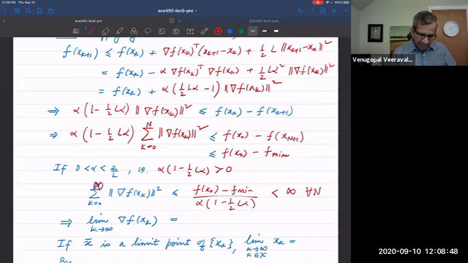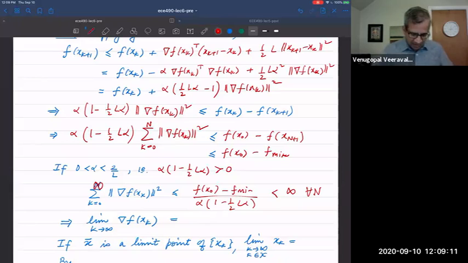So now I have a sequence which, when I sum up from 0 to infinity, I get something finite. The only way that can happen is if the sequence itself goes to 0. If it doesn't go to 0, then the summation would blow up. Right?